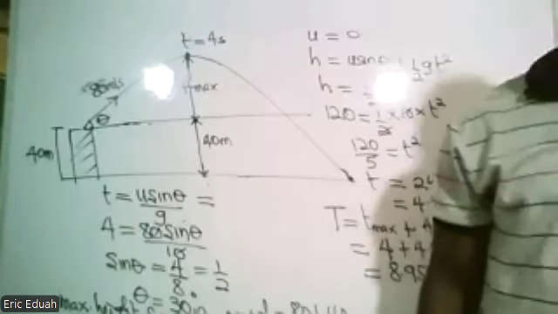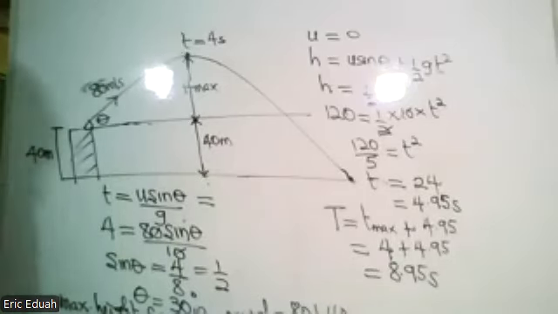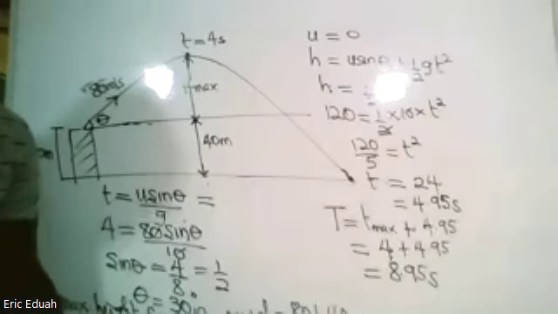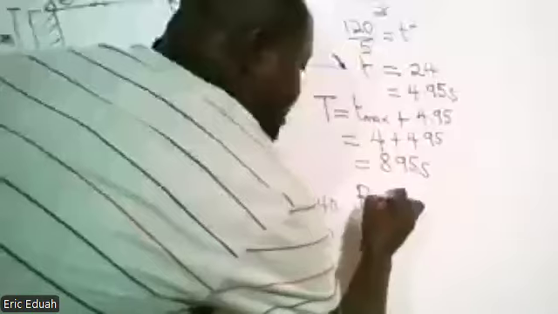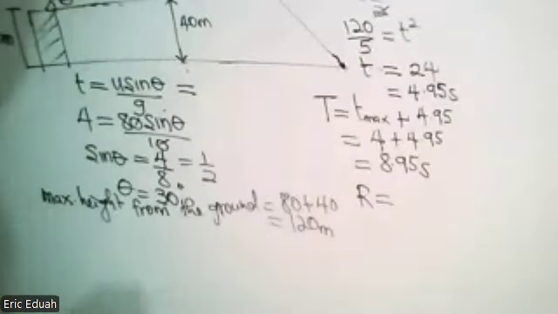All right. The next question. The next question says, as for range, the range must be simple, because range is the total horizontal distance traveled, and we are talking about this distance.